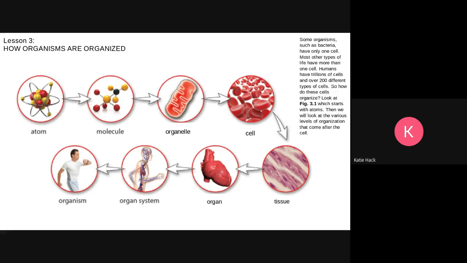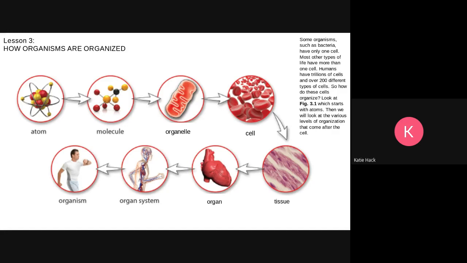And then your molecules will combine in a perfect way to form an organelle. Now that organelle is going to be grouped together with other organelles surrounded by a cell membrane to create a cell. The cells will then group together to form a tissue. Those tissues will work together to form an organ.